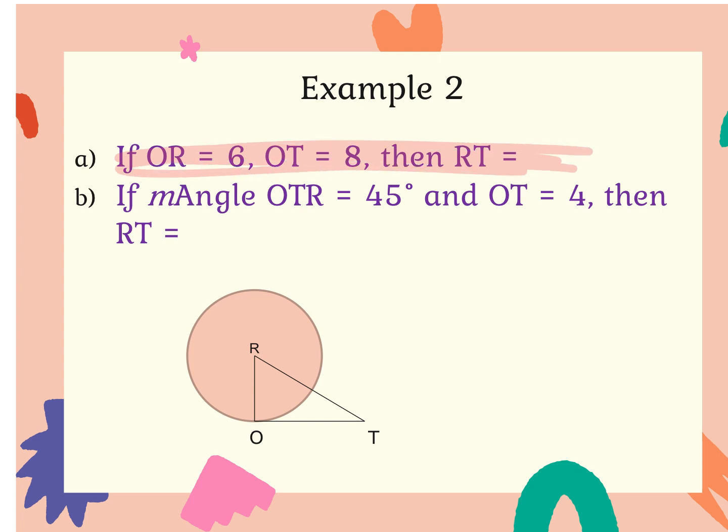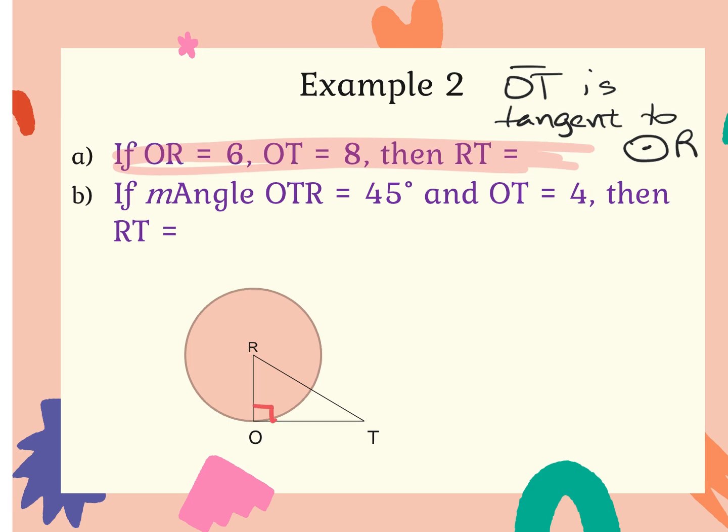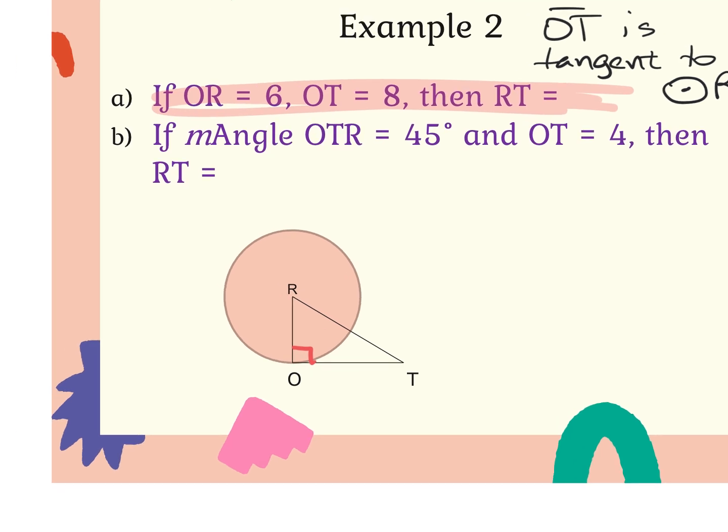Also, I'm going to give you the fact that OT is tangent to circle R. Because I'm told that OT is tangent, that tells me this is perpendicular, so I have a little right angle there. Now I'm going to label OR as 6, OT is 8.